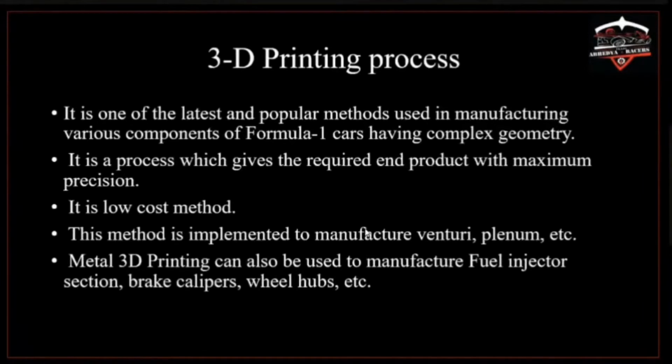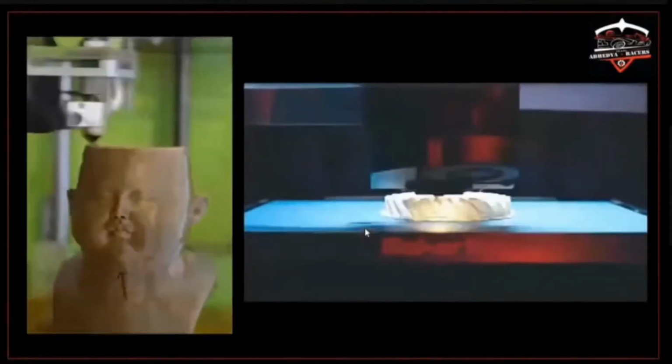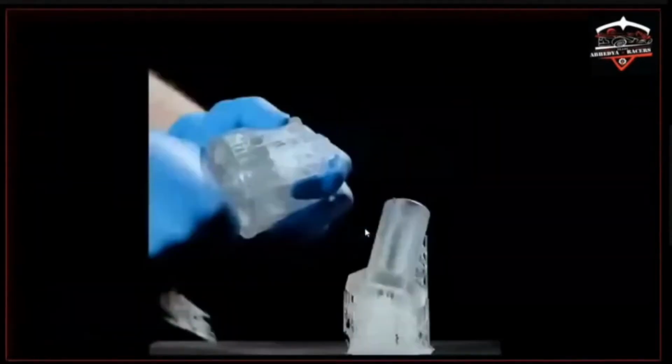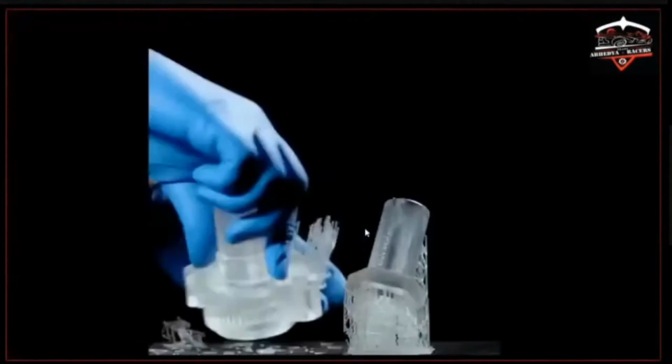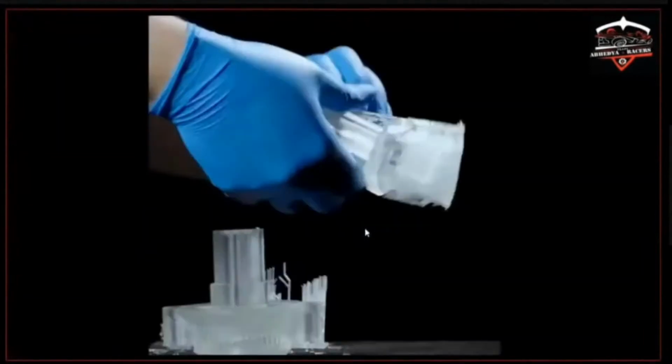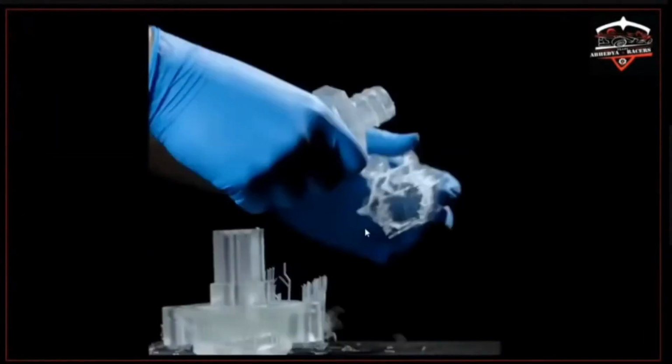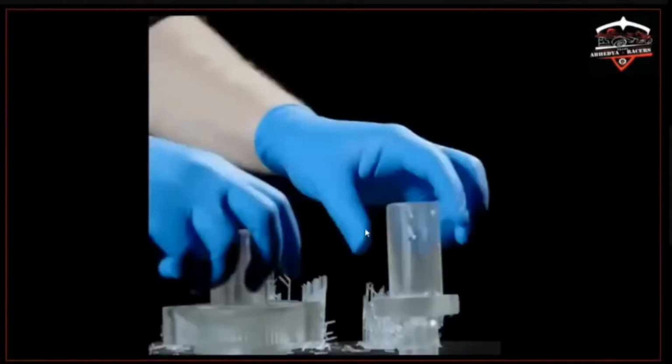This method is implemented to manufacture venturi, plenum, etc. Metal 3D printing can also be used to manufacture fuel injector section, brake calipers, wheel hubs, etc. These clips show us the 3D printing process. This clip shows us the precision with which complex geometry components can be manufactured using 3D printing.